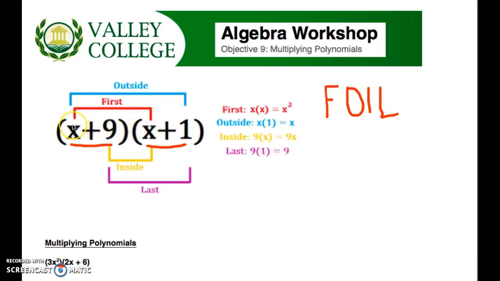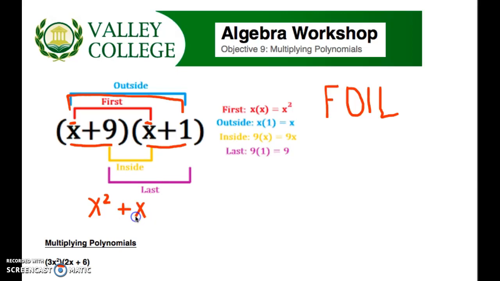So the first one is first. The first terms are x times x, which is an x squared. Then we have the outside terms, x times 1, and we get a 1x.